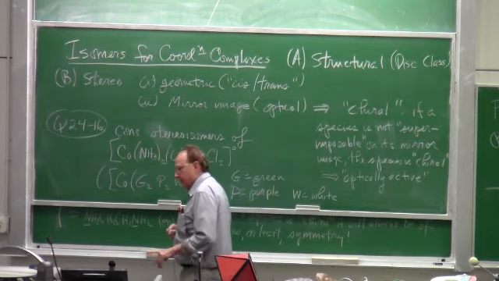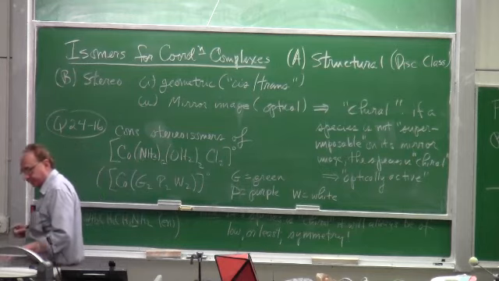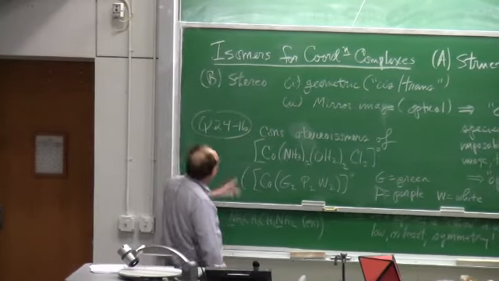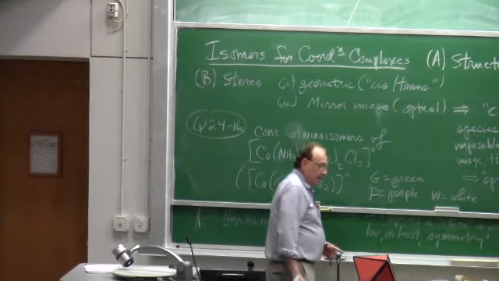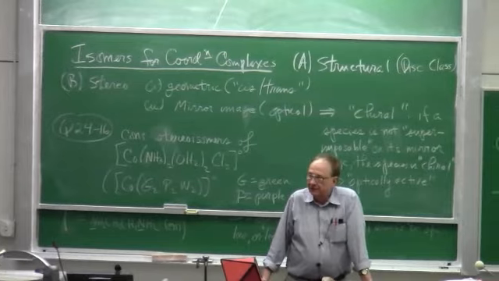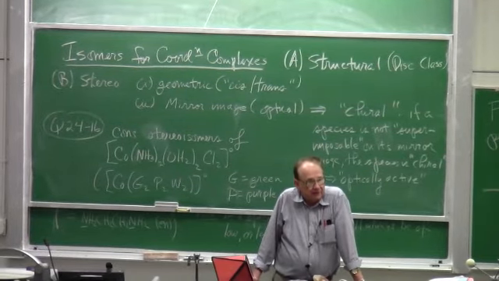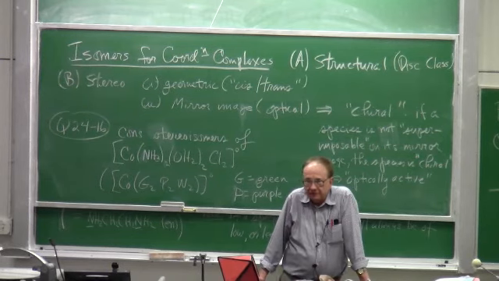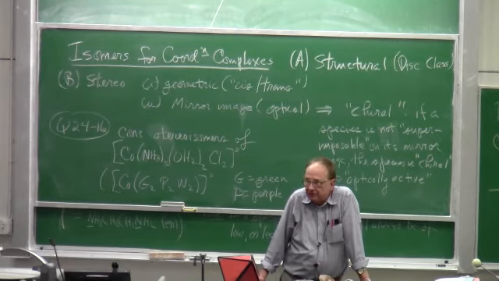Isomers. Two types. Structural, stereo. You have discussed, at least most of you, structural isomers last week in discussion class. You will conclude the discussion of structural isomerism of coordination complexes tomorrow in discussion class as necessary, and then proceed from there.